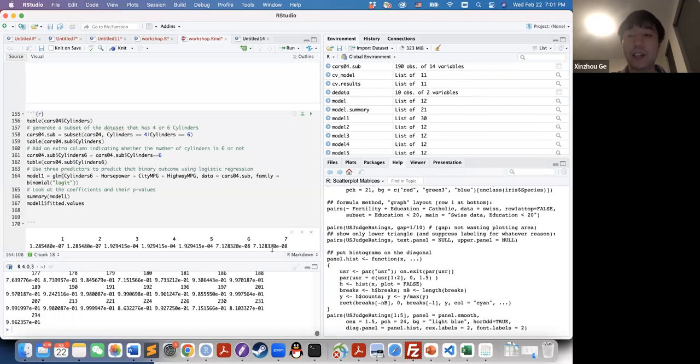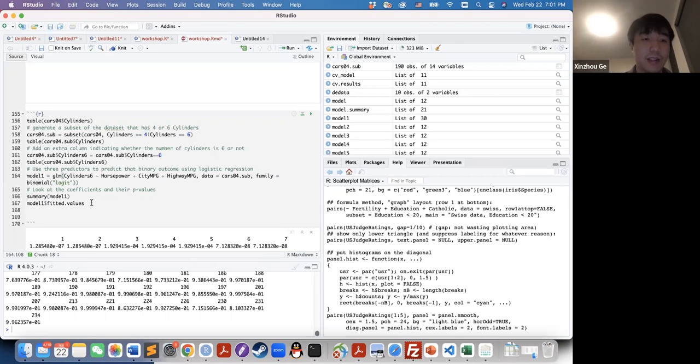For each car, we know whether it has 6 or 4 cylinders. We also have the predicted value from the logistic regression model.